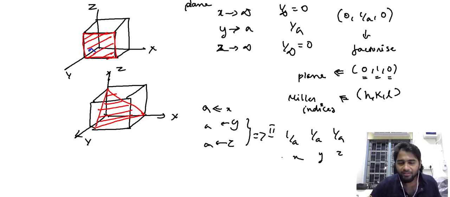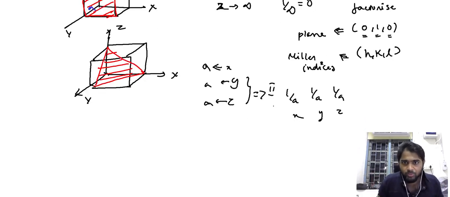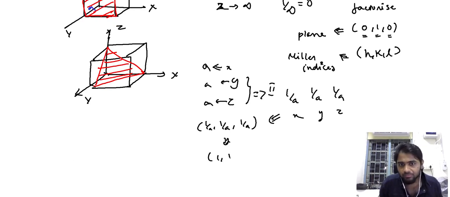Now we have to place them in the parentheses and normalize, and when we do that, this plane is represented by the (1, 1, 1) plane.